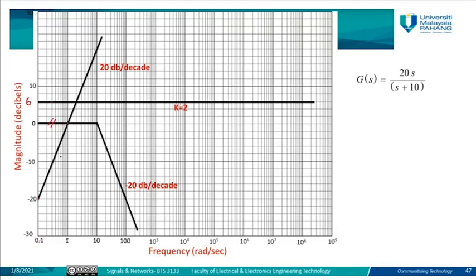Correct? If I want to know the addition of this point with that point: at this point the magnitude is equal to 6, at this point the magnitude is equal to 0. So 6 plus 0 is 6, and 6 plus negative 20 will be negative 14.